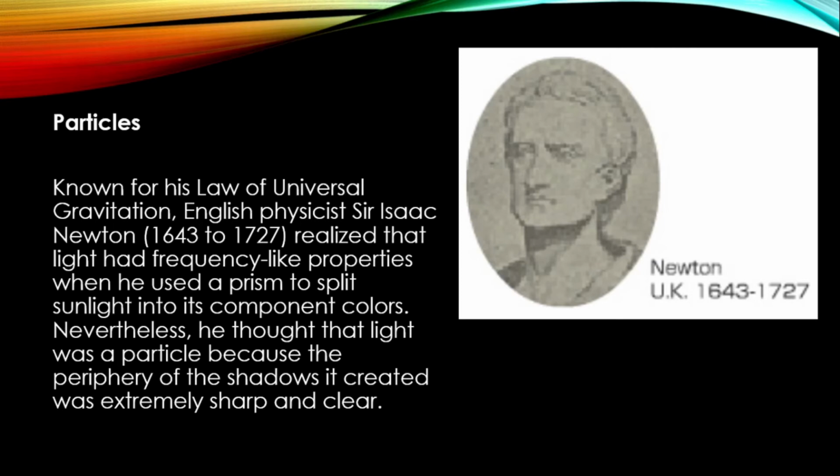Nevertheless, he thought that light was a particle because the periphery of the shadow it created was extremely sharp and clear. So Newton believed, because of his experiment, that light was a particle. Okay, so light is composed of particles.